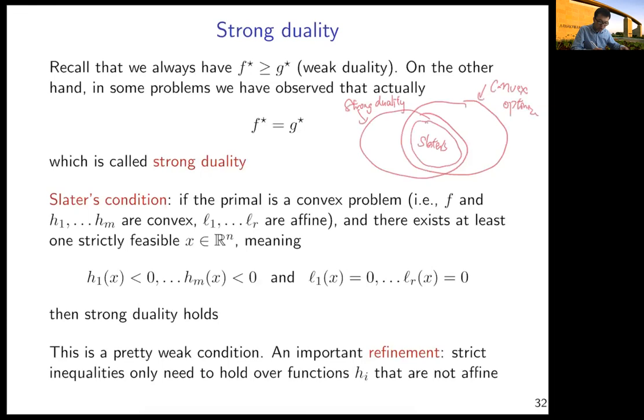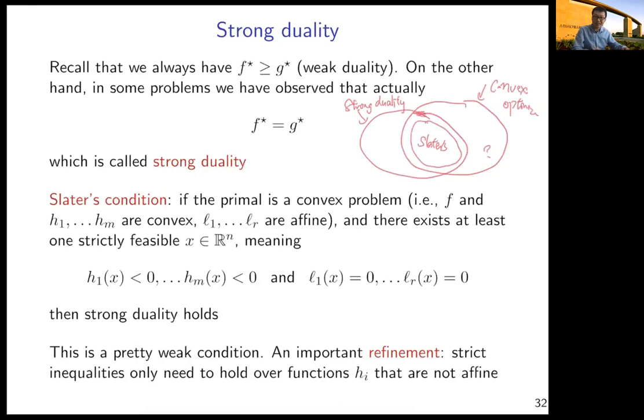So how to understand this set is still open. How do we characterize the entire subset of convex optimization problems that satisfy strong duality is still an open research question, and arguably for practical reasons, those are not too interesting.